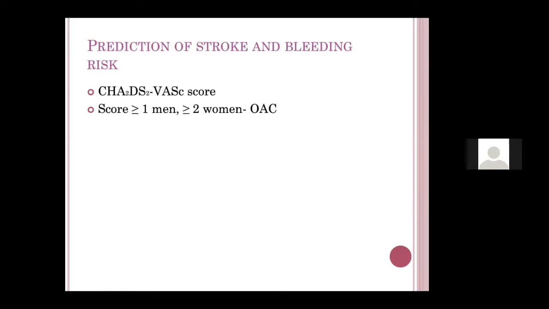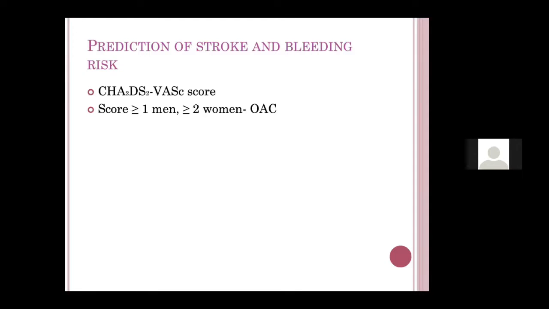Now, how do you predict when to give? You have to do a CHADS-VASc score, and the class 1 indication of giving anticoagulation is if a male has a CHADS-VASc score of 2 or more and a female has a CHADS-VASc score of 3 or more. That is class 1. But many a times in the male population, even if the CHADS-VASc score is 1 and in a female it is 2, because in the CHADS-VASc score female gender is calculated as 1 point.